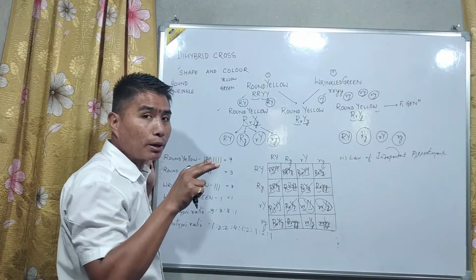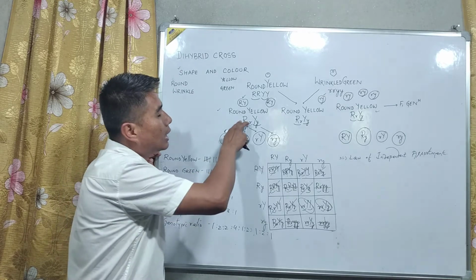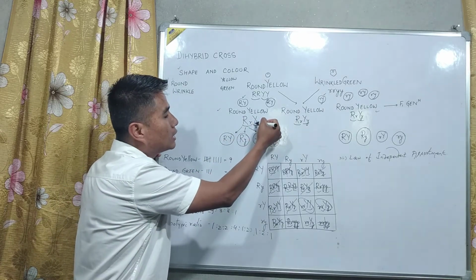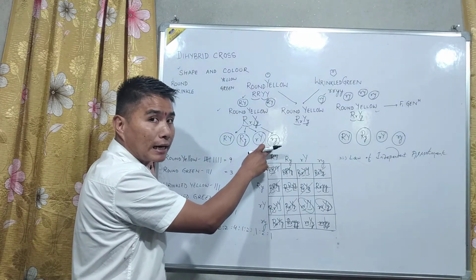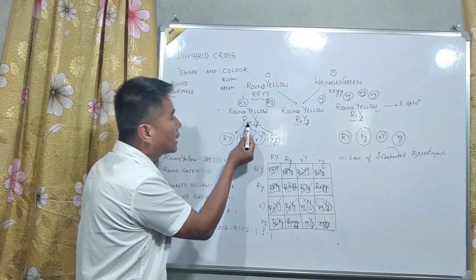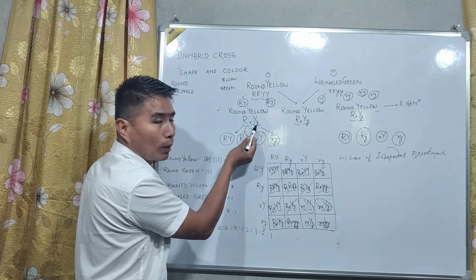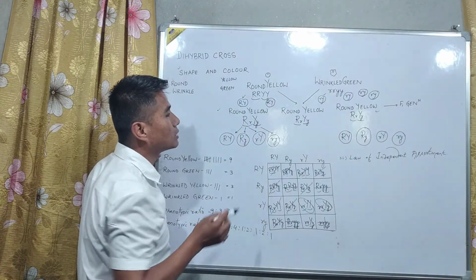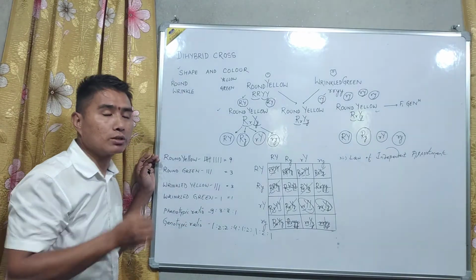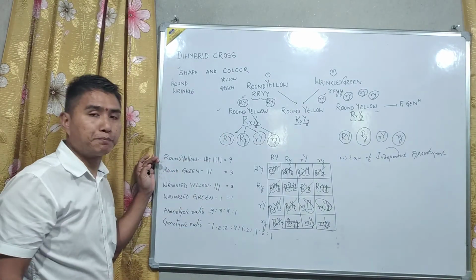Are they similar, capital Y, capital Y? No. So they are a contrasting pair of factors, and during the formation of gametes they choose their partners randomly. So capital R can go with capital Y or with small y also, and small r can go with capital Y or with small y also.